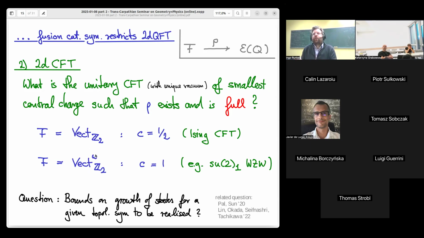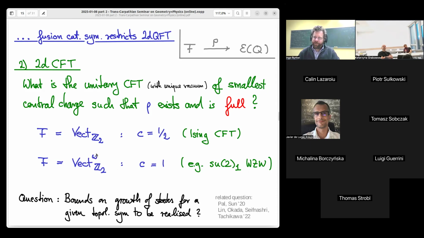And it turns out the smallest theory which has Vect Z2 is the Ising CFT. That's the one in S which we met. But if you have the twisted version, then you can't realize it below central charge 1. Then you need at least central charge 1, it turns out, just by inspection. I don't have a good abstract argument.